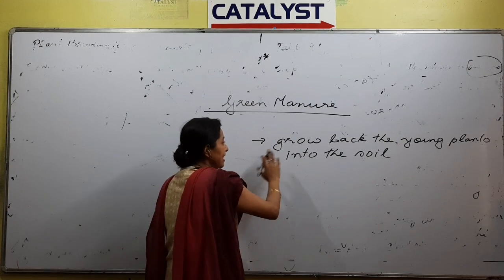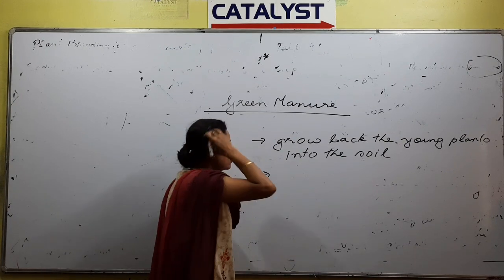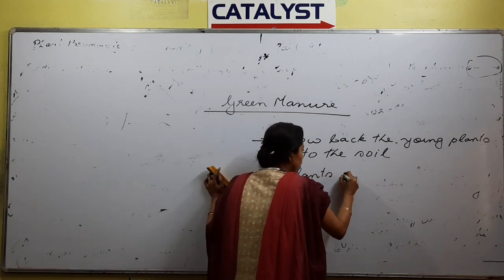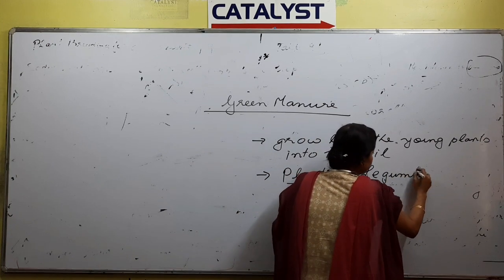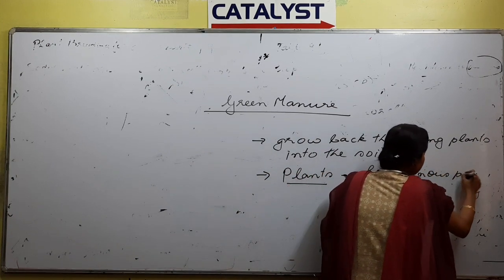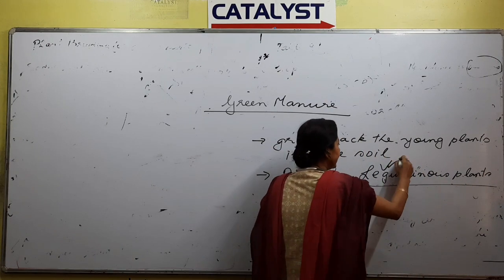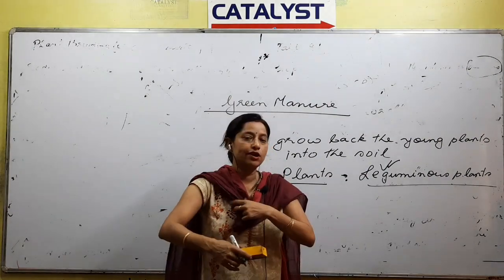Next is, for this purpose, what are the type of plants that are used? Generally kunbilak plants use kore for green manure, it is always leguminous plants, right? So green manure hisabe kunbilak plants use kore, leguminous plants bilak generally green manure hisabe kyo use kore, why not the other plants?